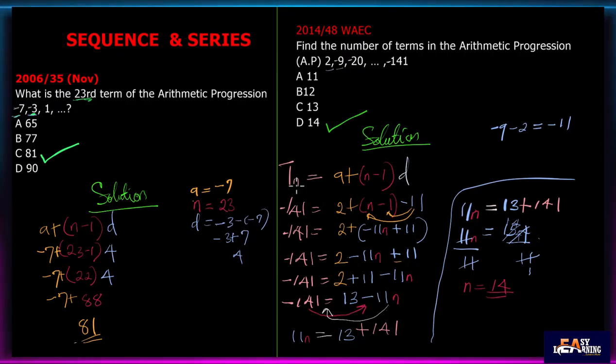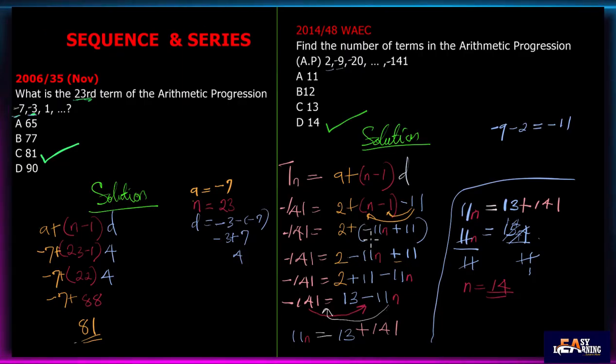That was just simple. We used the formula Tn equals a plus n minus 1 times d. We inputted the value of the last term, minus 141, and the first term a, that is 2. We did not have the value of n, that's what we are solving for. We maintained n minus 1, but the value of d was known when we took the difference, and that was minus 11. We expanded the bracket: minus 11 times n was minus 11n, minus 11 times minus 1 was positive 11.